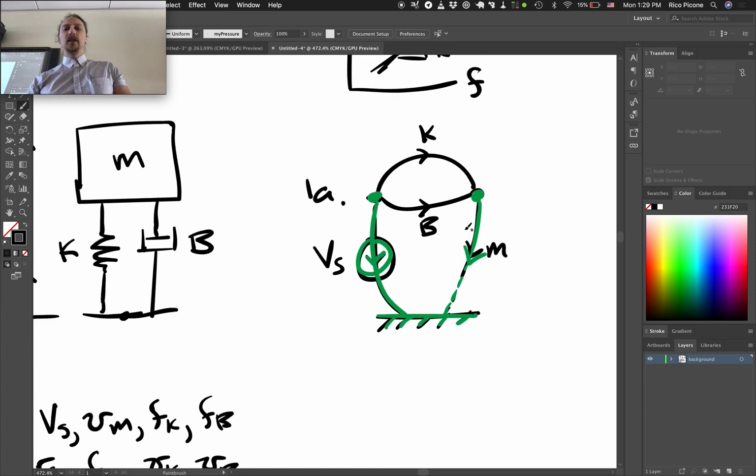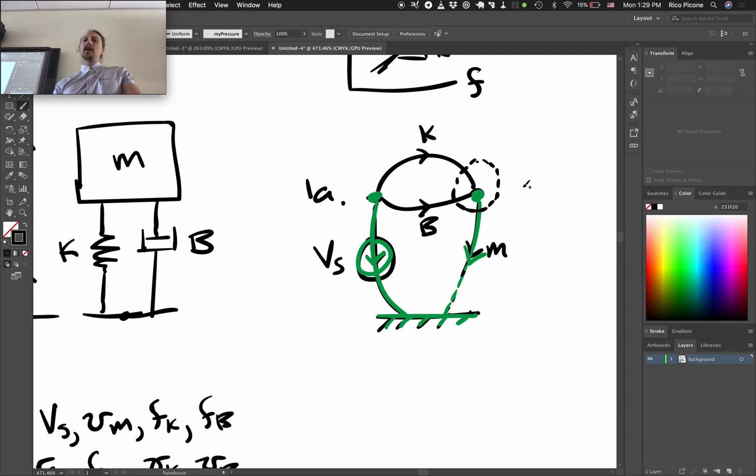Okay, I only see one passive branch. This is an active branch because it is a source, right? So one branch is passive, which is the mass. So you need to draw a contour that cuts through just one branch element. What's nice is that this contour that cuts through just that mass element is just the node equation, right?